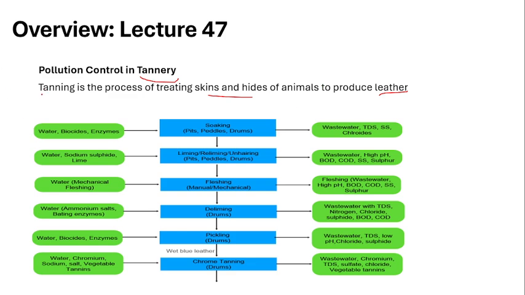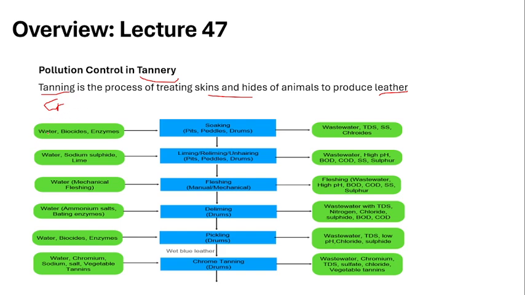Generally, in the earlier stages, tanning used natural tannin itself. Tannin is an acidic chemical compound which was used earlier. But nowadays, what we are using in the tanning process is chromium salt. We know chromium is a toxic heavy metal.